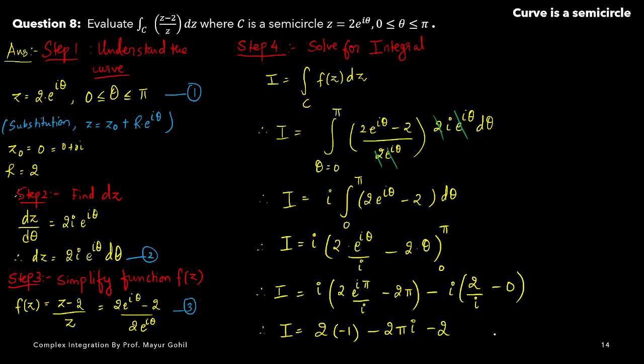So my final answer will become minus 4 minus 2πi. This is the final answer. I'll put a box over it: therefore I equals minus 4 minus 2πi is the final answer.